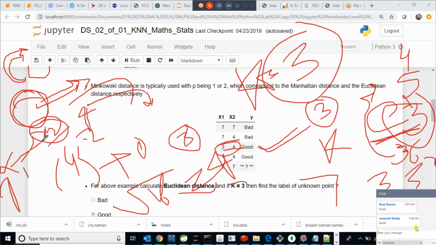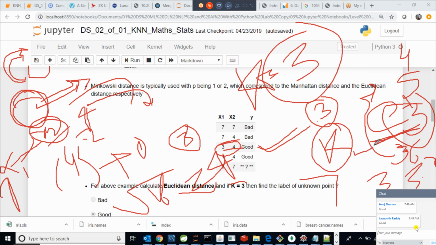Let's suppose sometimes Anuj talks very nicely with me. Then I see that Anuj is sitting with some bad guys. So that perception comes into the mind: hey, Anuj is also not a good guy. Got it? Because he is sitting with some bad guys. I will describe that in the next session. That's why here k equals 3.